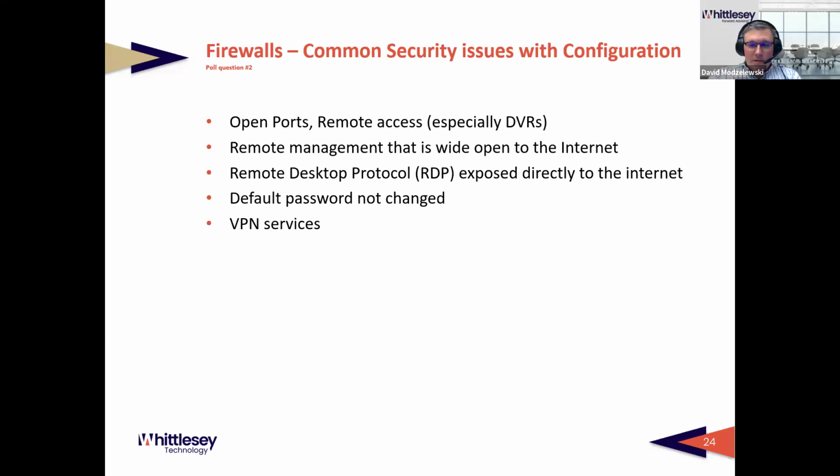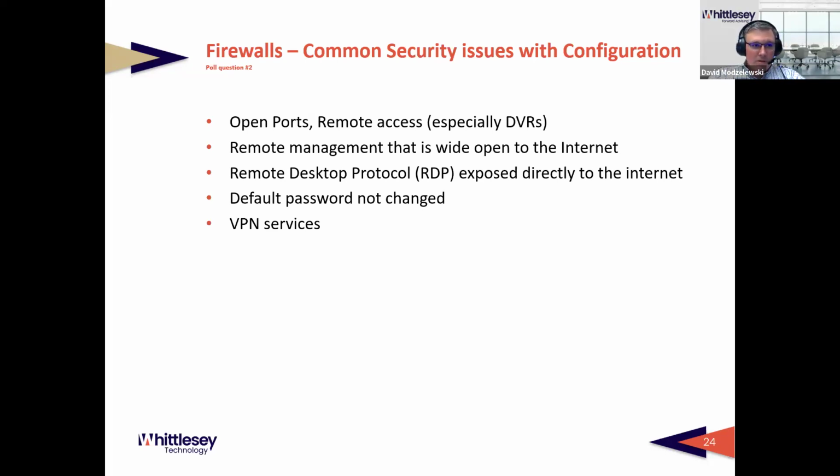And then VPN services not being configured properly, not having multi-factor authentication, or for instance, not patching your firewalls properly. It's not uncommon at all for firewalls to have exploits within their VPN software. If you don't update your firewalls, it introduces a flaw where attackers could use that flawed VPN service to gain access to the network.